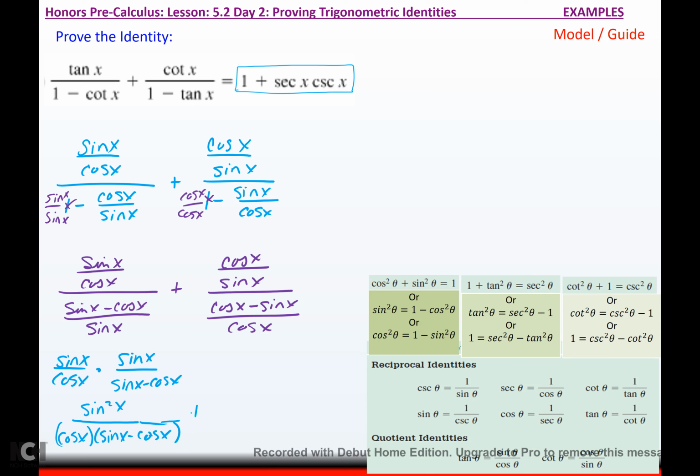And let's see what this one does. If I keep cosine x over sine x, change, flip cosine x over cosine x minus sine x. This isn't going to give me any good, is it? That's going to give me cosine squared x over sine x times cosine x minus sine x. Yeah, that's not doing me much good.